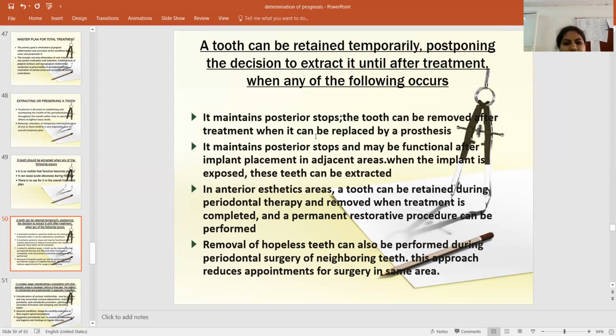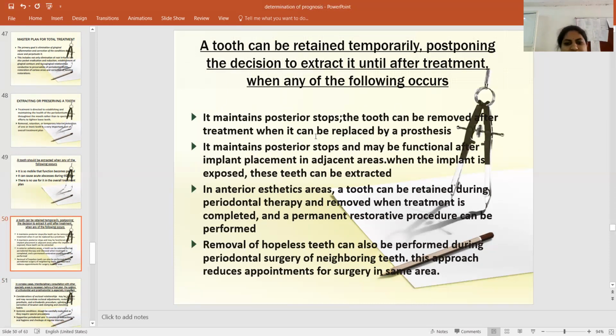It maintains the posterior stops and it may be functional until after the implant placement. In adjacent areas where the implant is exposed, this tooth can be extracted. For such a tooth, an implant plan can be formed, and until that is done, you can keep the tooth in position, and afterwards you can remove this tooth.